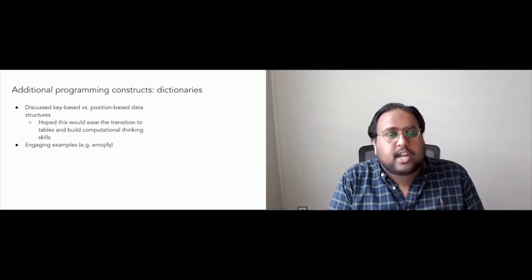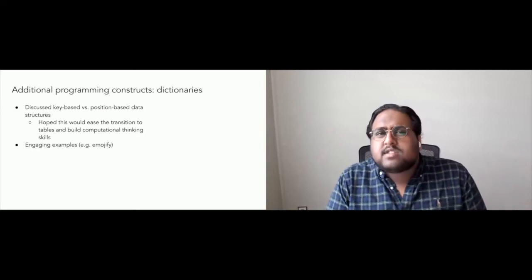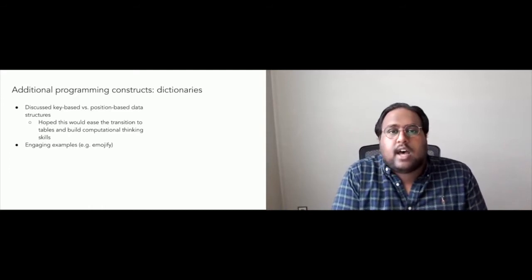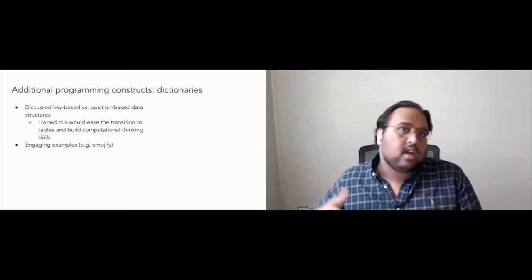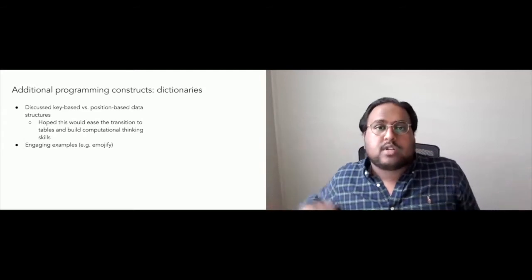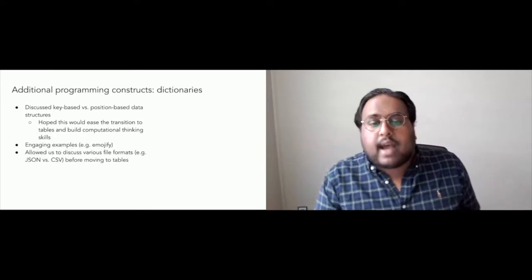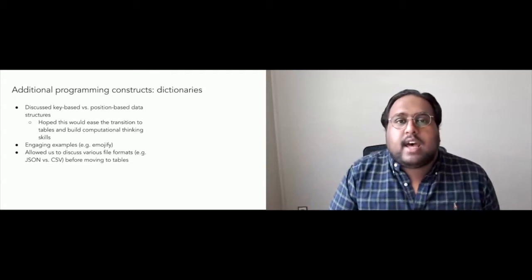We also used dictionaries because it gave us engaging examples, and also it allowed us to talk about JSON as a file format, and compare and contrast that with CSV before moving to tables. Almost all of the data sets that we actually used in the class came in the CSV format, but we talked about JSON as just a thing that existed.